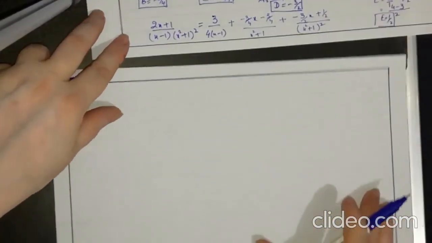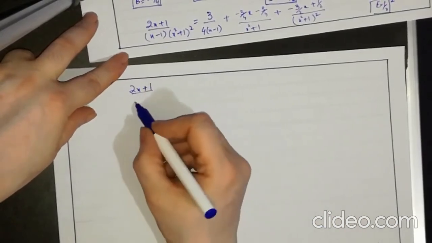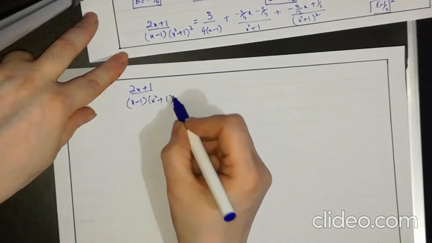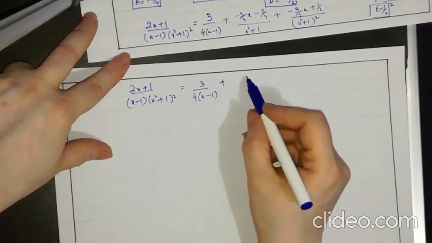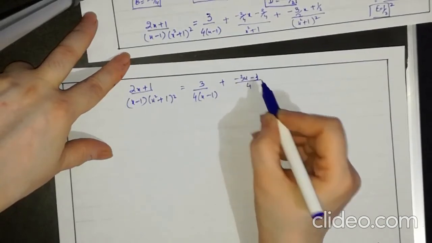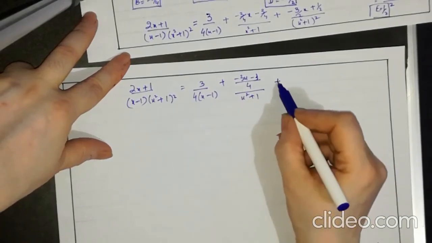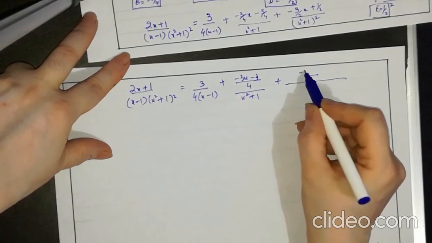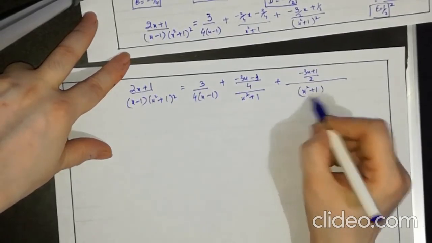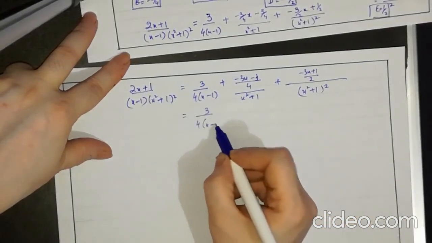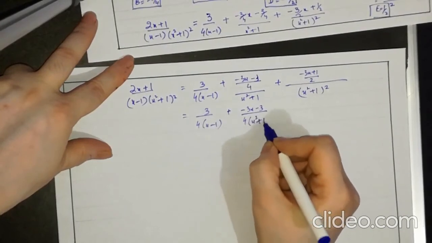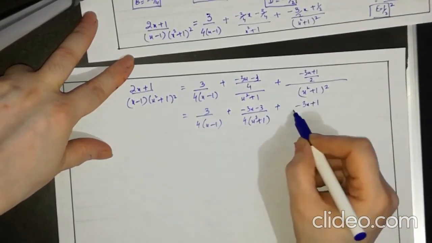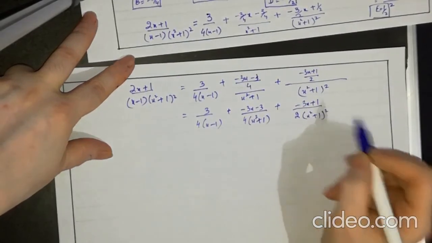So the last step: (2x plus 1) over (x minus 1)(x square plus 1) whole square equals 3 over 4(x minus 1), minus (3x plus 3) over 4(x square plus 1), minus (3x minus 1) over 2(x square plus 1) whole square.